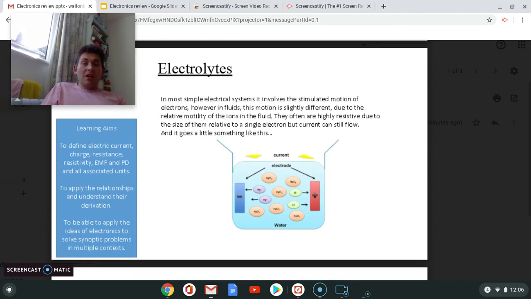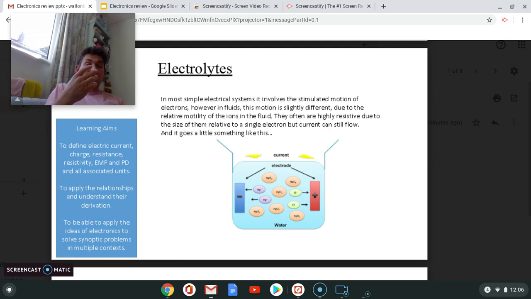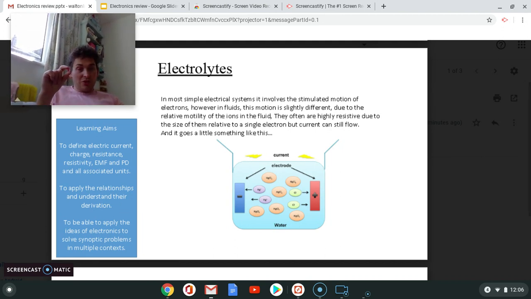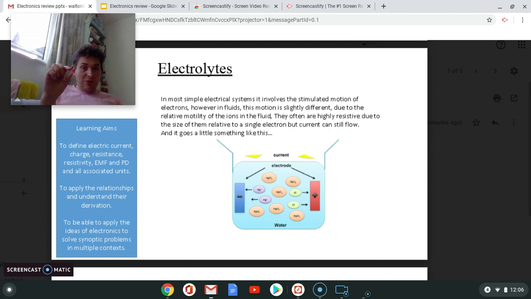Right. Electrolytes. This is awkward, and I'm sure you're familiar with them, but electrolytes are basically current moving through a fluid. It sustains that current movement by moving not just electrons, but ions as well. Because of the relative resistance, what I've used is a nice term here, relative motility.